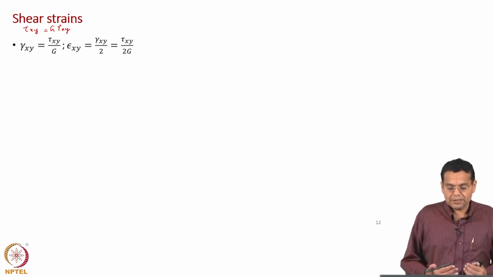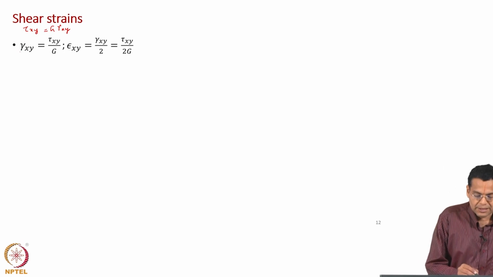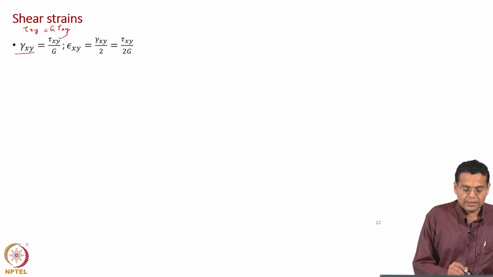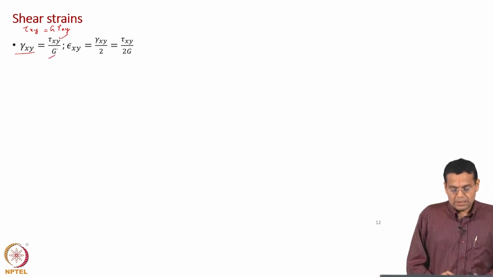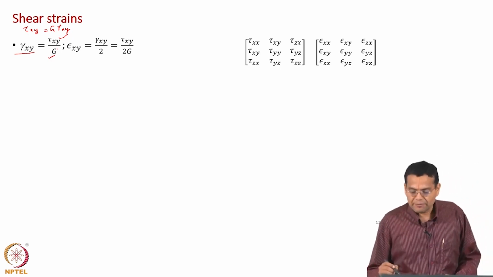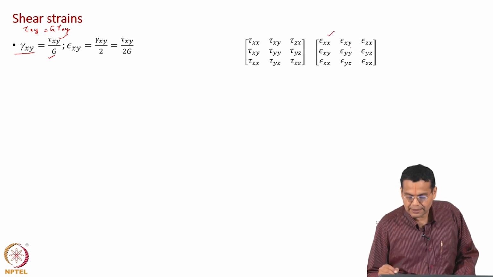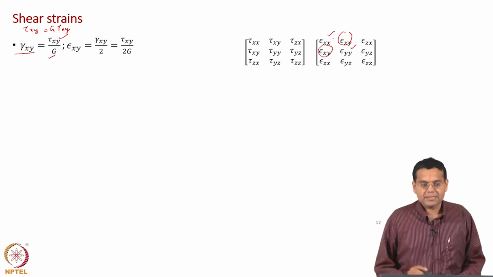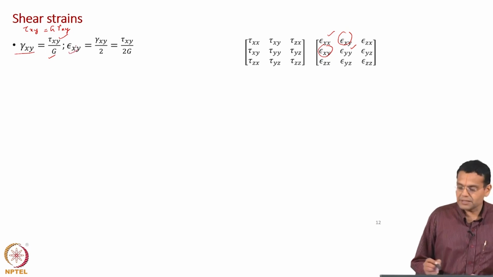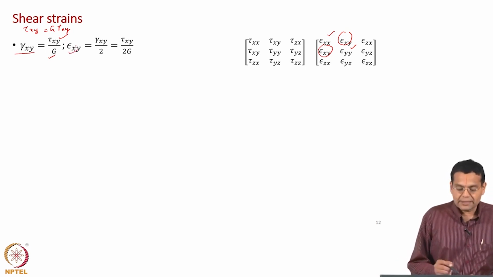Now, we are going to write expressions for the shear strain. So, the shear strain in the xy plane, gamma xy, is equal to tau xy by G. Now, remember we discussed the strain tensor, where the components were epsilon xx, epsilon yy, and epsilon xy. We can write an expression for epsilon xy, the component of the strain tensor. We have seen that epsilon xy is gamma xy by 2. So, epsilon xy is equal to tau xy by 2G.